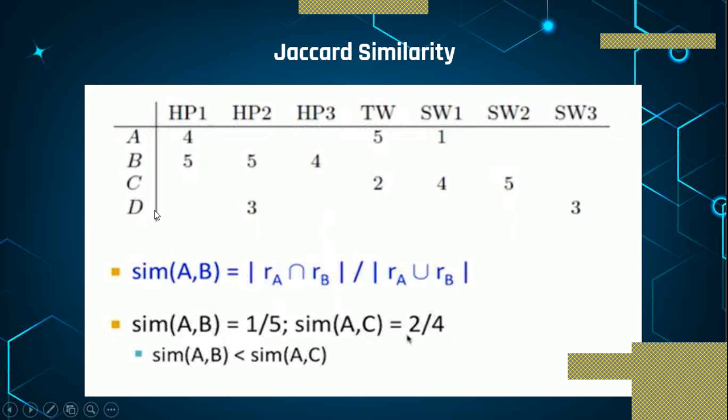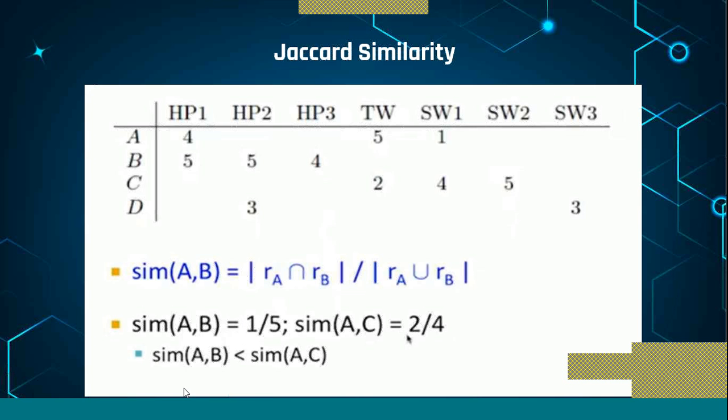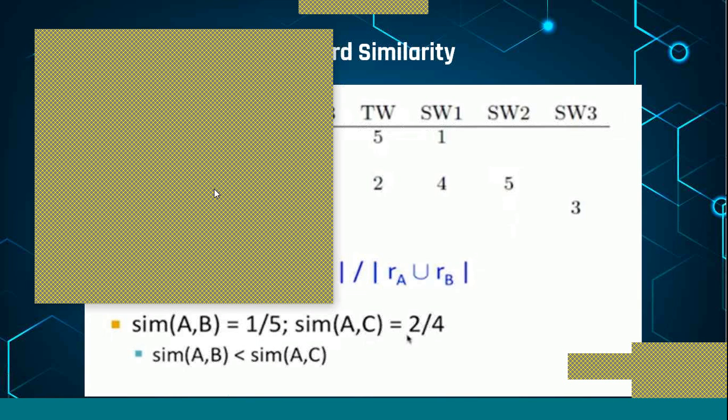Now, the similarity between A and B is 1 by 5. Let me calculate it. The answer for 1 by 5 is 0.2, and 2 by 4 is 0.5.